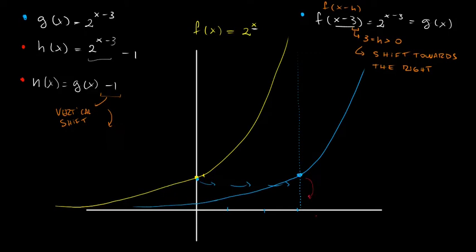So we're gonna move it 1 unit down. We know h is gonna touch this point right here. And as it's an identical copy of g, every point in g is gonna be moved 1 unit down. So what I'm gonna do is draw an imaginary line to show what would be the x-axis for h. This is not the x-axis, but it's gonna be its asymptote. So h is gonna be something like this.